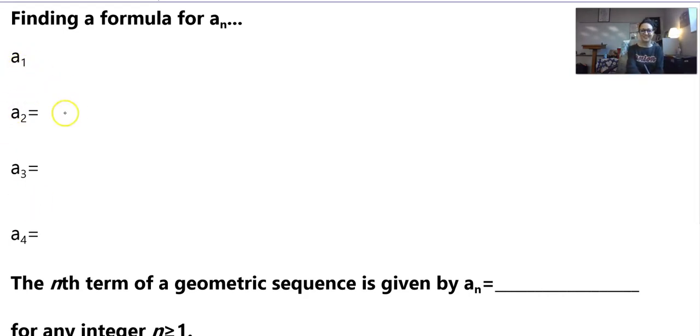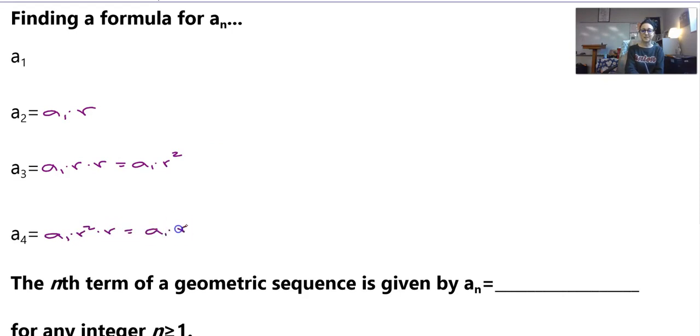First term is going to be a sub 1. Second term will be the first term times my common ratio r. The third term is going to be the second term, which is a sub 1 times r, times another r, right? Which I can write as a sub 1 times r squared. The fourth term will be my third term times another r.